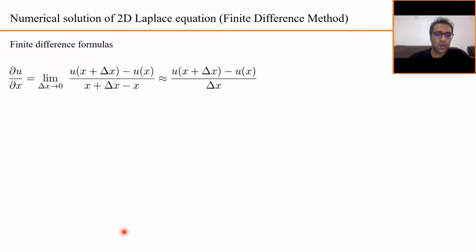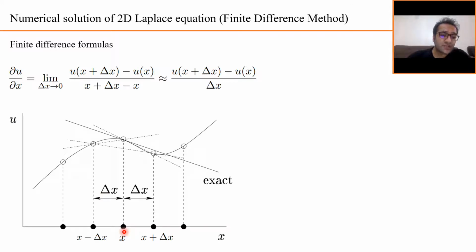Now, I'm going to solve the same problem using the finite difference method. Generally, the finite difference method utilizes the definition of the derivative. Imagine you have a function u(x), and this function is infinitely differentiable and well defined at all points.